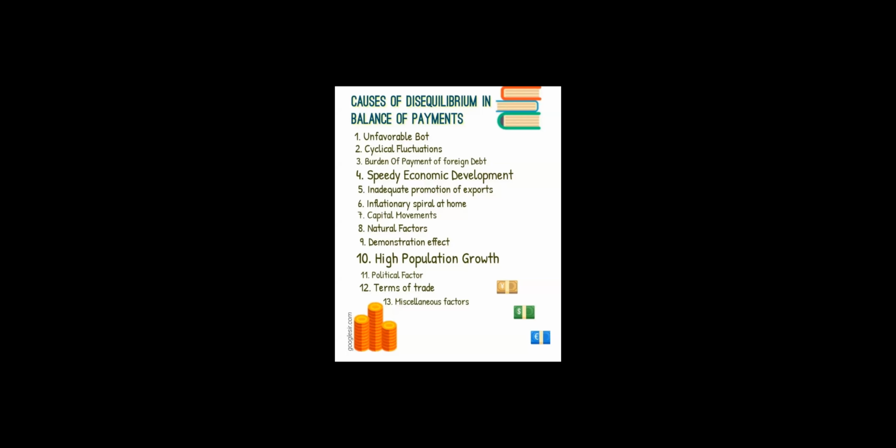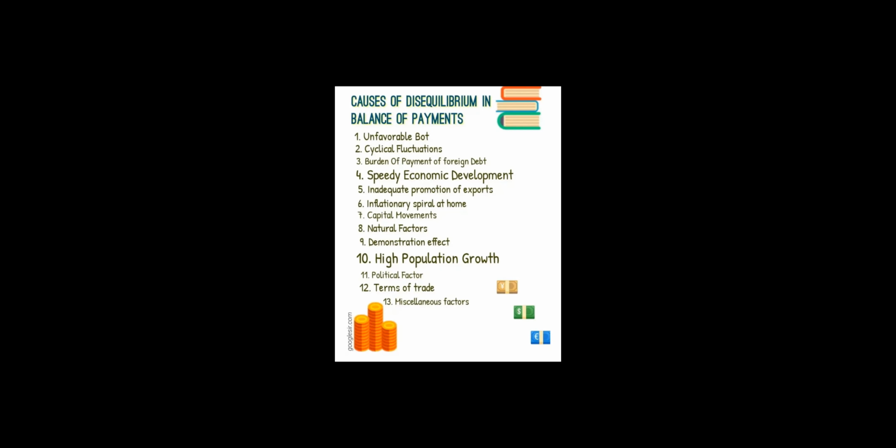The next cause is cyclical fluctuations. These cyclical fluctuations, their phases and amplitudes, are another cause of disequilibrium in the balance of payment. They are induced by the operations of trade cycles that differ in different countries, and generally produce cyclical disequilibrium in a country's balance of payment.